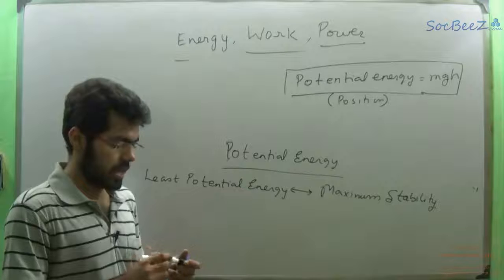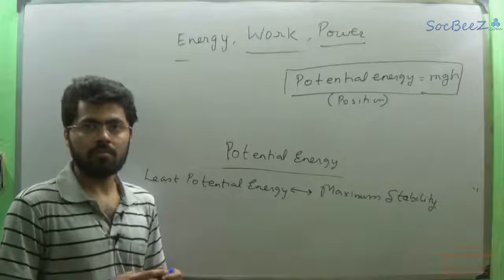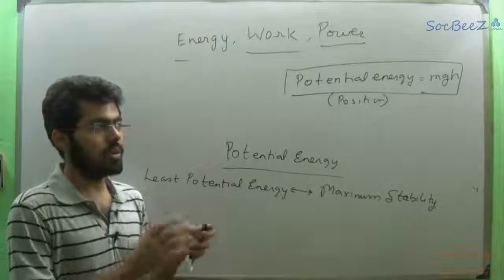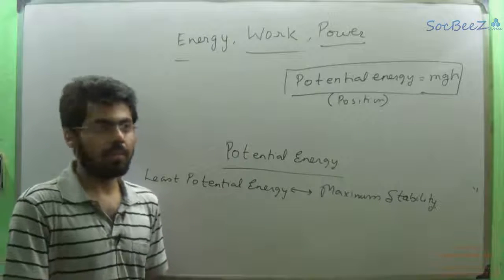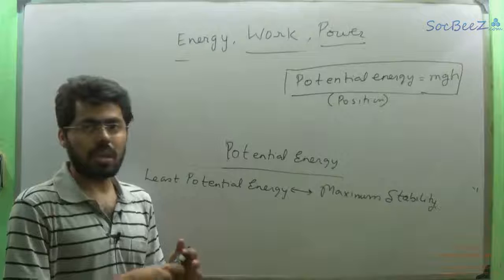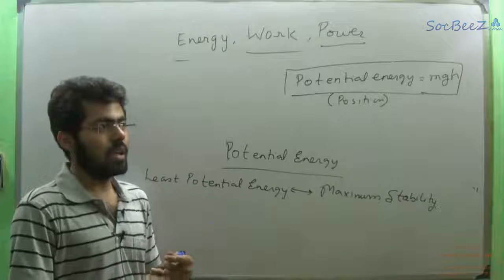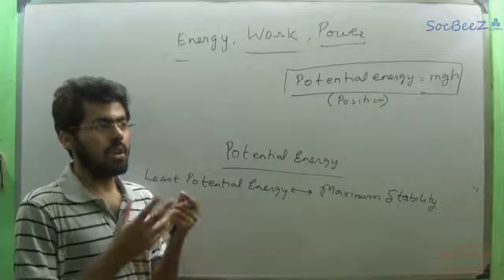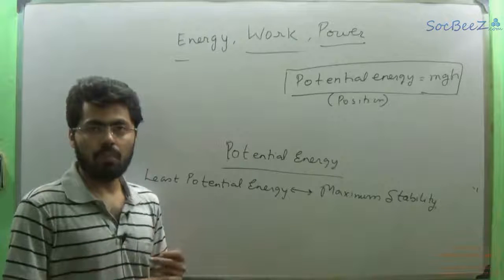Everything tries to attain the most stable state. You are at your most comfortable state. The electrons want to be in the most stable state in the atom. The charges want to distribute themselves in such a manner that the entire potential energy of the system of charges drops down to the minimum value.